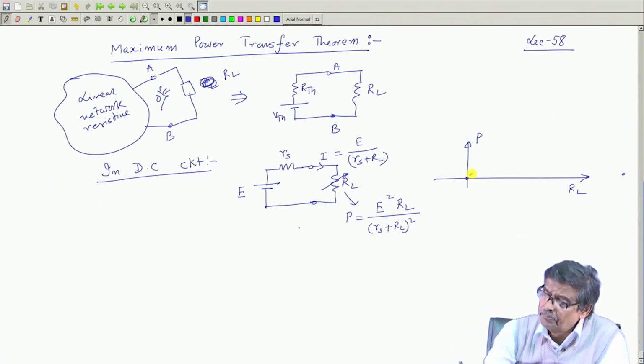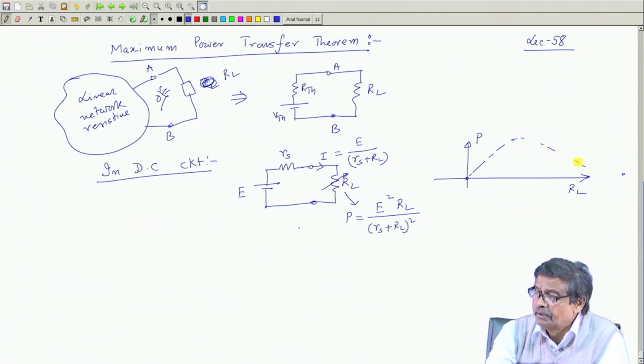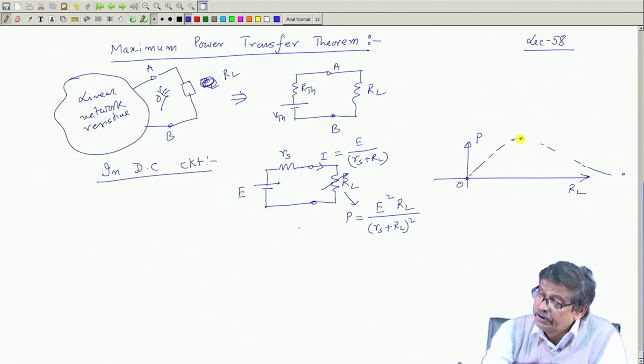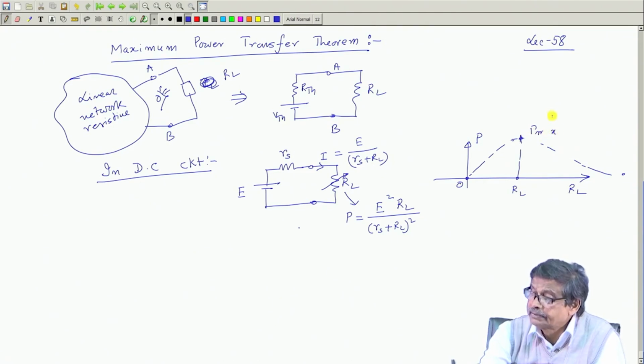Therefore, this power must have gone up, reached some maximum value, and once again started coming down. I want to find out what is this value of RL, so that you get maximum power, P max.